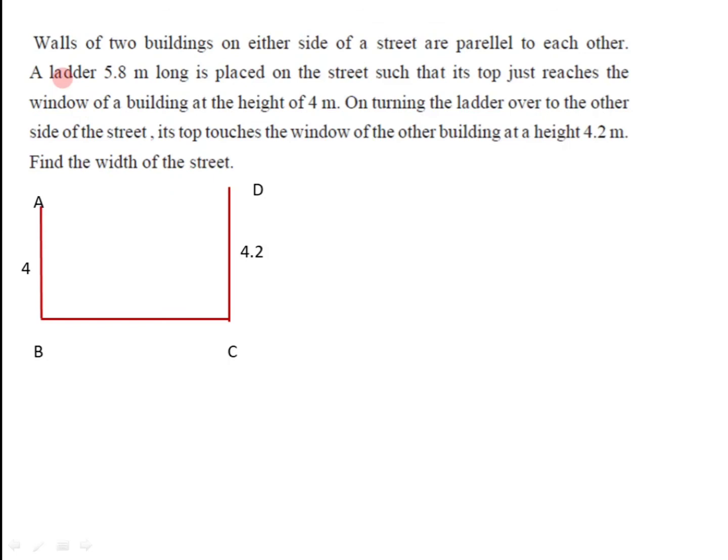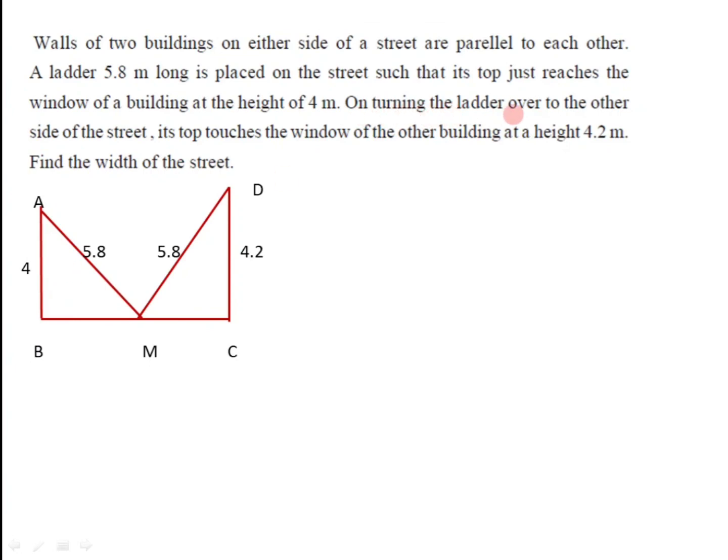Now it is given that a ladder of length 5.8 meters is placed on the street such that its top just reaches the window of a building at height 4 meters. Let us consider the ladder to be AM, which is 5.8 meters long.